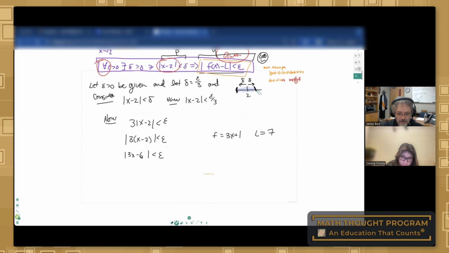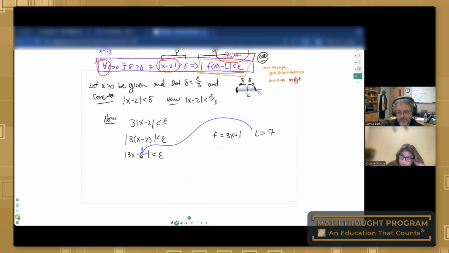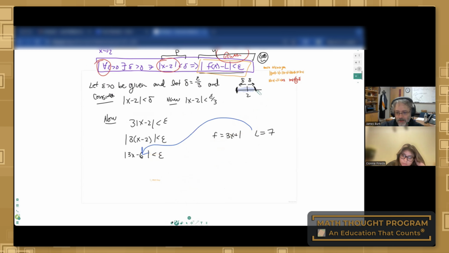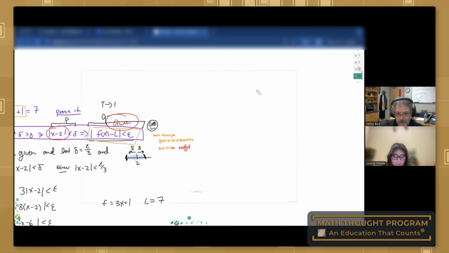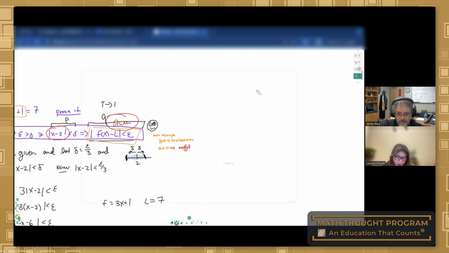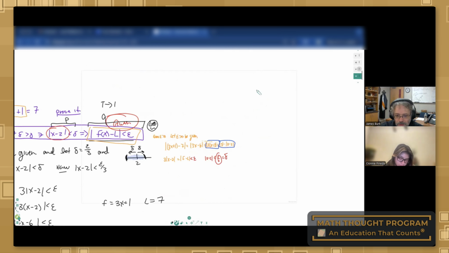So it's my job now to figure out some way, somehow, to find these pieces inside of here. And I get the clue of how to do that when I come back and look at how we reverse engineered it to figure out the delta. I look at it and say, okay, I got that piece, I got that piece, I got that piece.